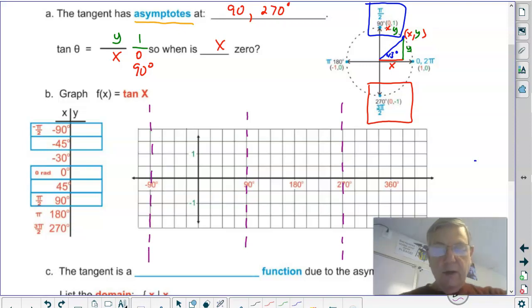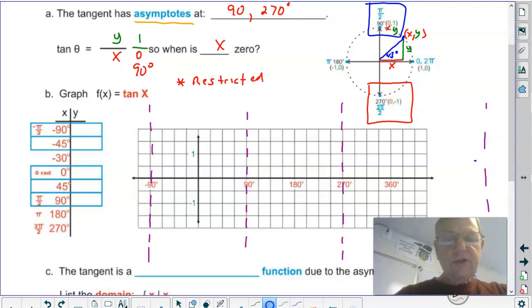If we kept going forward from 360, there'd be an asymptote at 450 if we were going that far out. So we're going to graph the tangent. All right, so first off, we are going to go backwards from negative 90 forward to positive 90. You might ask, why do we do this? Okay, so we need a restricted domain.